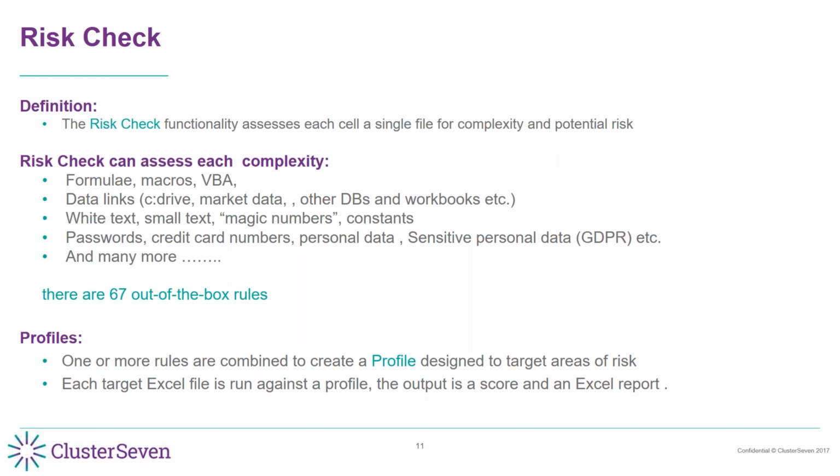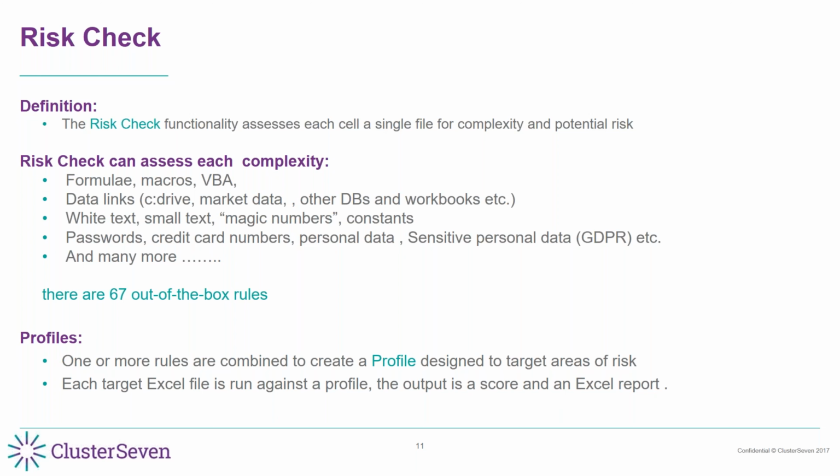At a cell level, it may be looking for white text on a white background because somebody's trying to hide something. We have introduced this concept of magic numbers, where people have added 100 to the end of a calculation. That's quite different from a constant, where somebody's perhaps dividing by 12 to get the year.